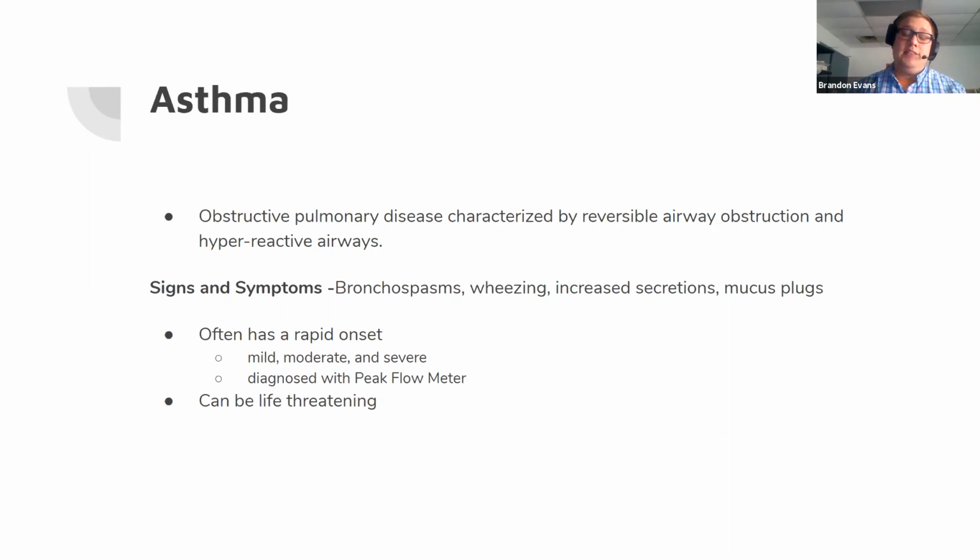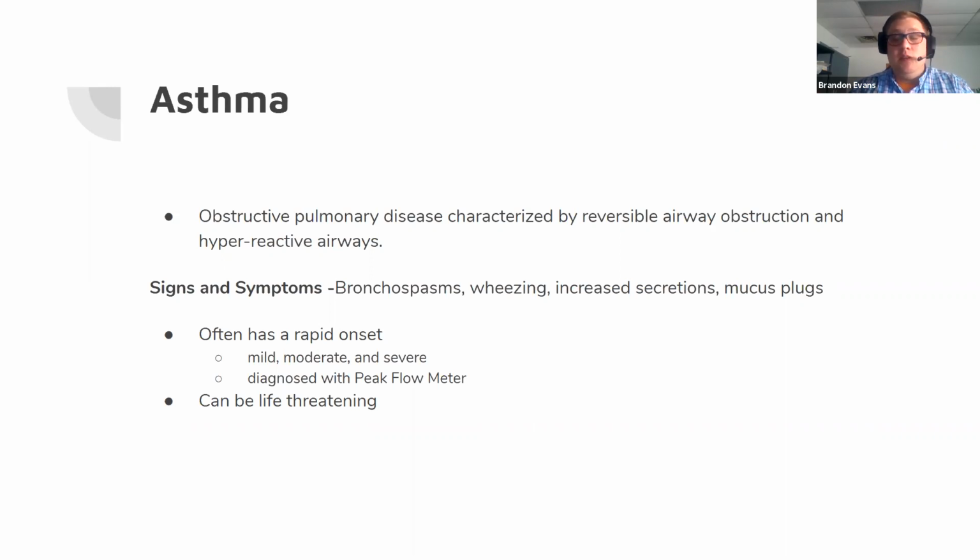This often has a rapid onset, so it can be diagnosed as mild, moderate, or severe using a peak flow meter. This is your standard for measuring how severe of an exacerbation you're having. So you'll want to use that peak flow meter on a regular basis.